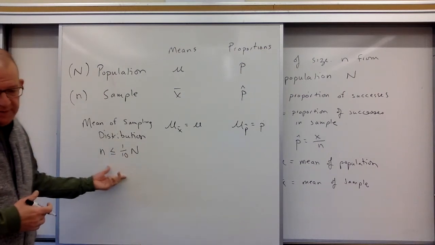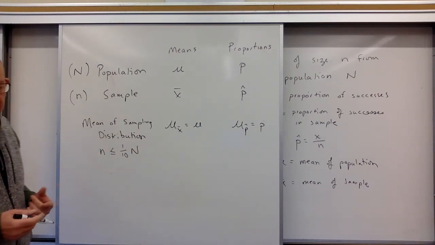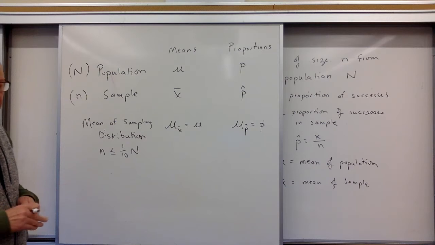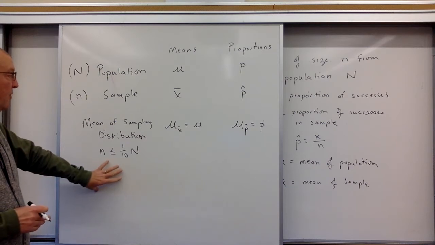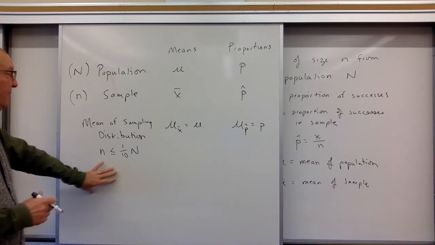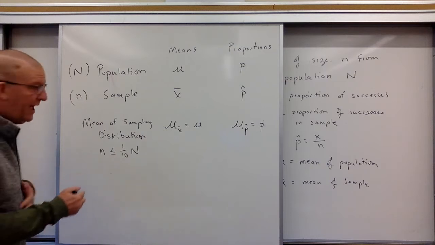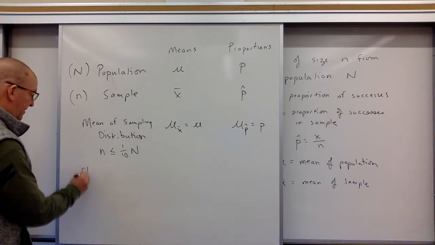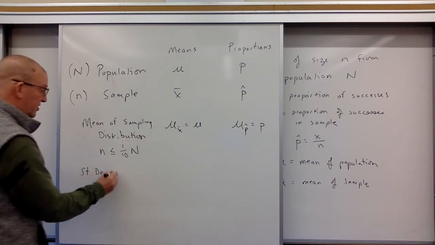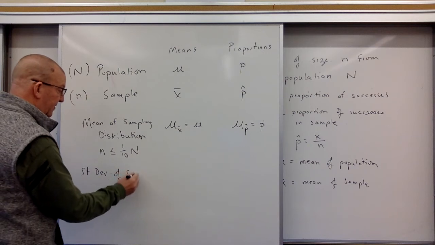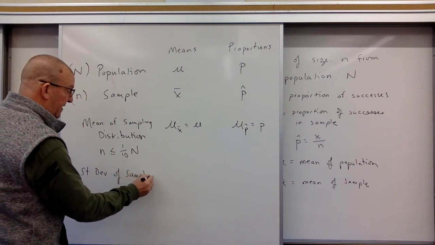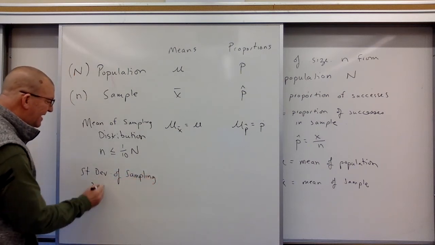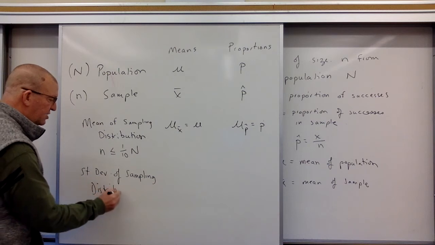What else do we know? We have a couple of things here that we need to know for our standard deviations. Now, we have some standard deviations of the sampling distribution. So now you can kind of see where this is headed, can't you?